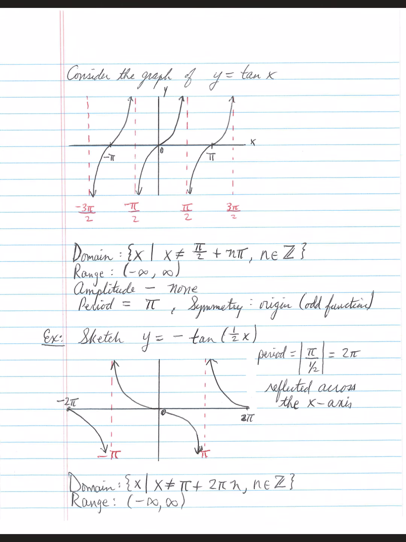Because the period is 2 pi, any 2 pi multiple away from pi, you're going to have a vertical asymptote and the function's undefined. The range is still negative infinity to positive infinity because the streaks go up and down forever.